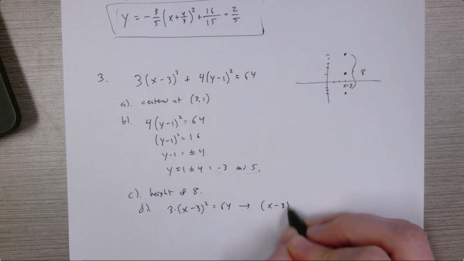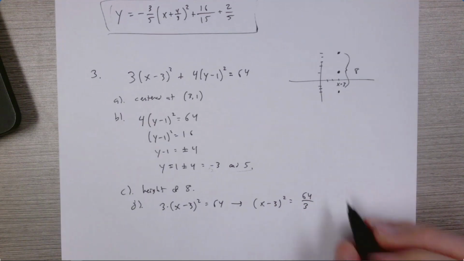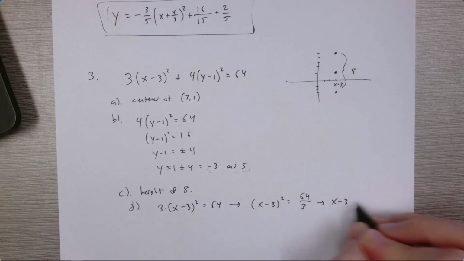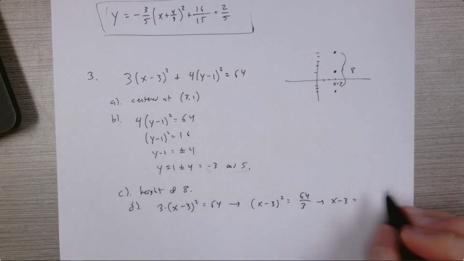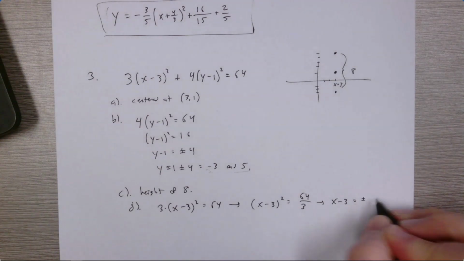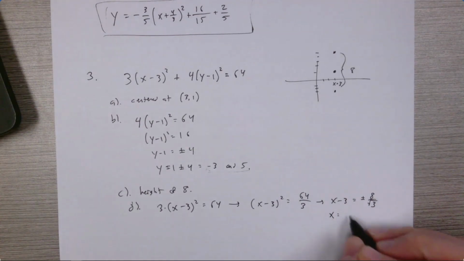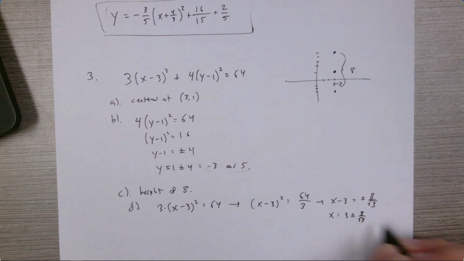So x minus 3 squared is 64 thirds. Now I'll take the square root of both sides. So x minus 3 equals root 64, which is, well, let's do the plus or minus 8 over root 3. And now let's add 3. So x is 3 plus or minus 8 over root 3.